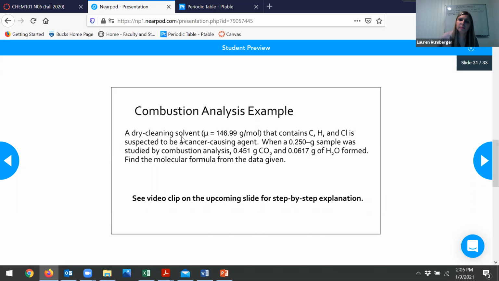It is suspected to be a cancer-causing agent. When a 0.25 gram sample of the solvent was studied by combustion analysis, 0.451 grams of carbon dioxide and 0.0617 grams of water is formed. You are then asked to find the molecular formula from the data given.